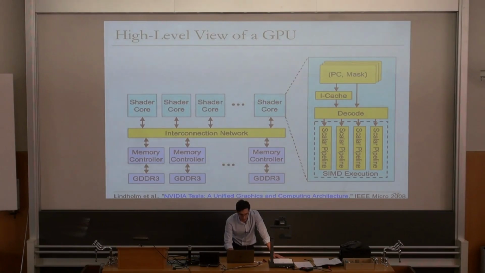We can also have a mask, same as in vector processors. We have an instruction cache here, we have the decode stage, and right after that we can start the execution on the SIMD pipeline that, as you can see, is composed of a number of scalar pipelines that represent each of the vector lanes. Recall the concept of vector lanes, which are all the different functional units that we had in the SIMD core.